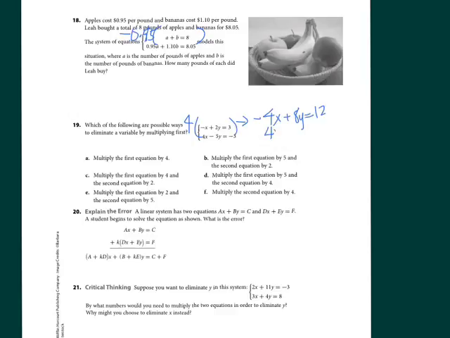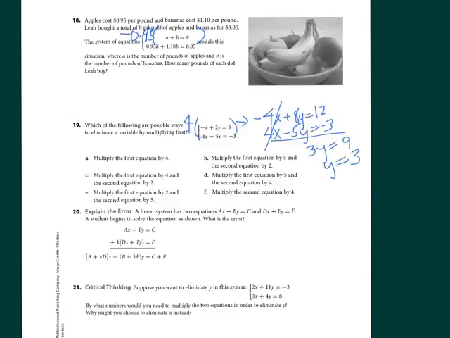And 4x stays the same, minus 5y equals negative 3. Canceling my 4's, I get 3y equals 9. Dividing by 3, y equals 3. And now I can substitute the y back in.